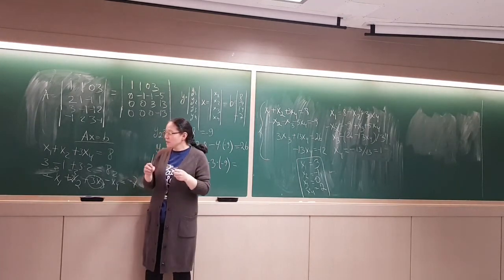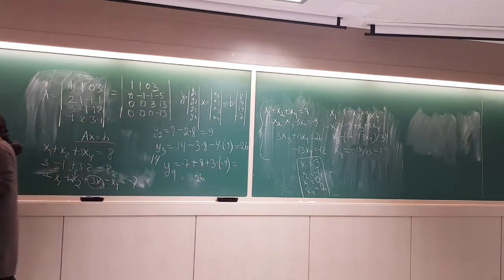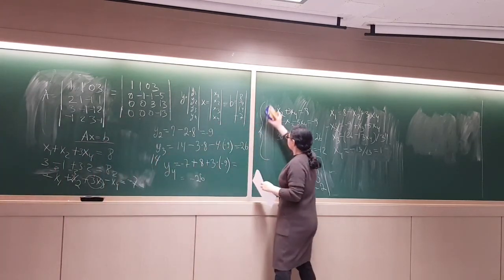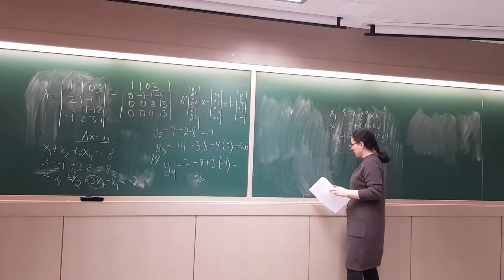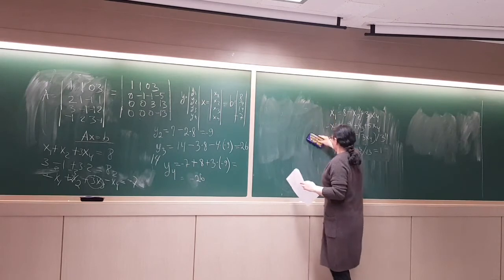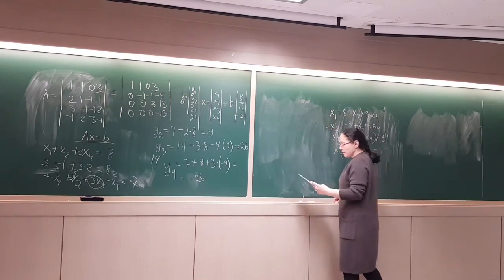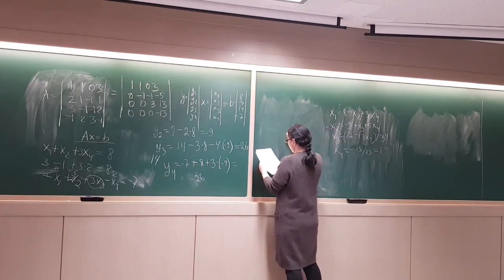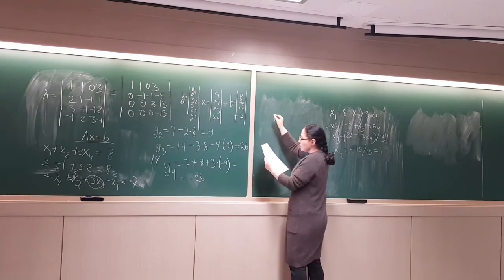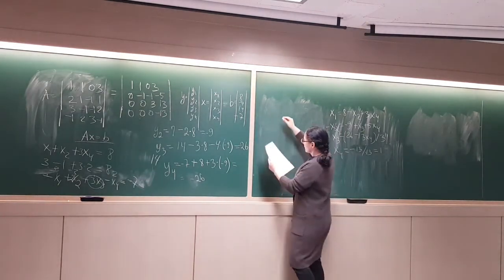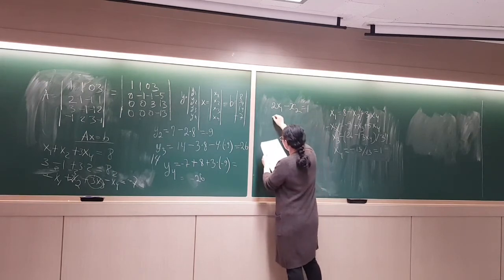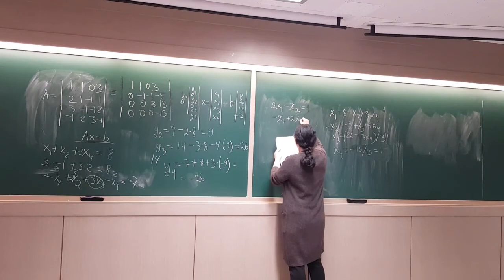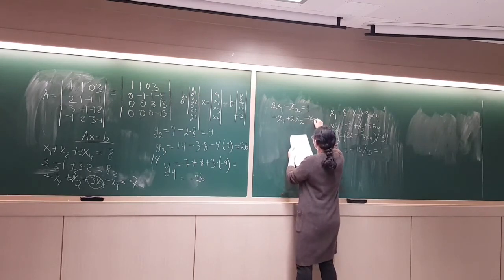And I can give you homework. Homework is also 4 by 4. 2x1 minus x2, 1, minus x1 plus 2x2 minus x3, 0.